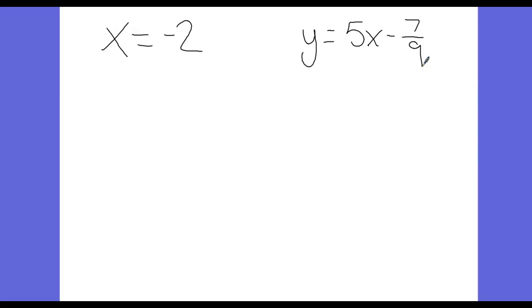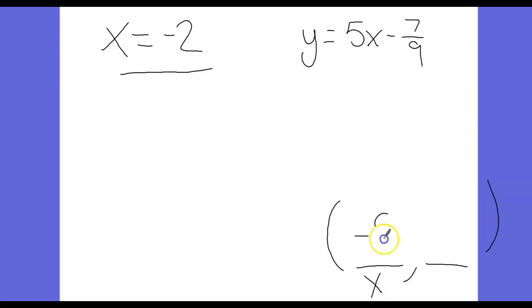So do you already have x? Yeah. We already know what x equals. Negative 2. So in my answer, I can just say, I know x has to be negative 2, so I'm going to write negative 2. Now to figure out y, I put it in here and then solve for y.